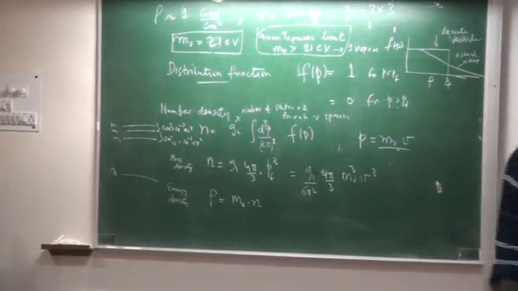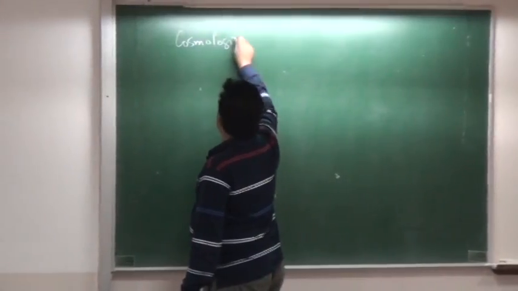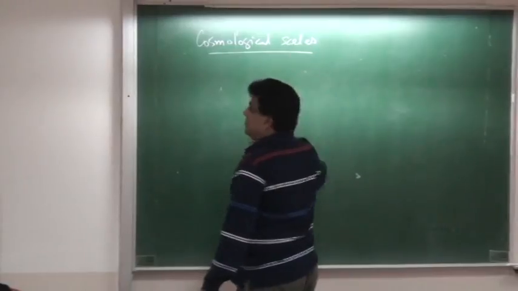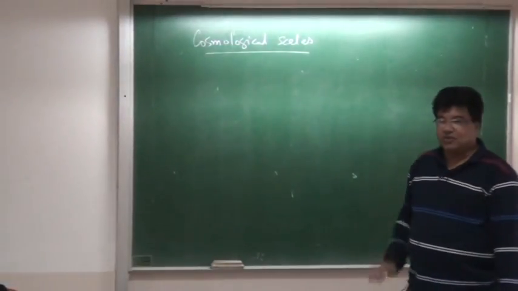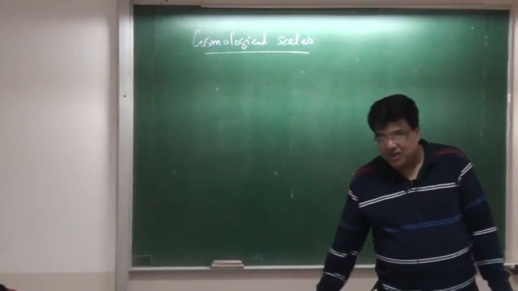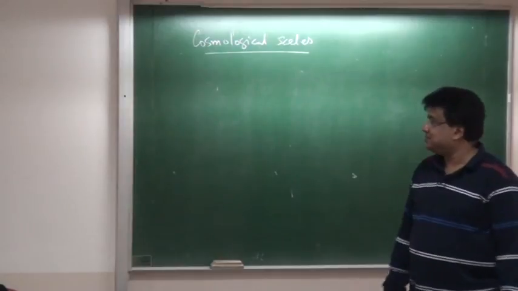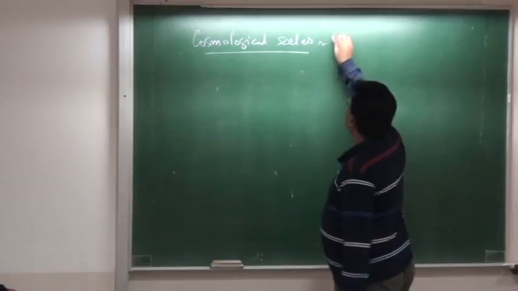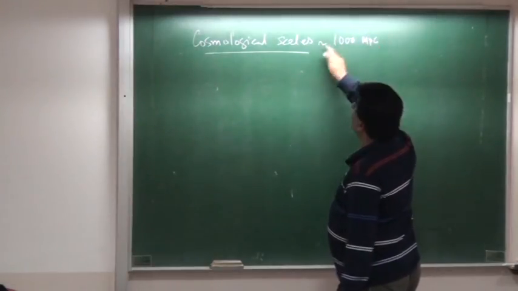Now I'll go to the cosmological scales. This is something like 1000 megaparsec. What a parsec is in terms of light years and so on, you ask in the tutorial. So the cosmological scale is 1000 megaparsec.